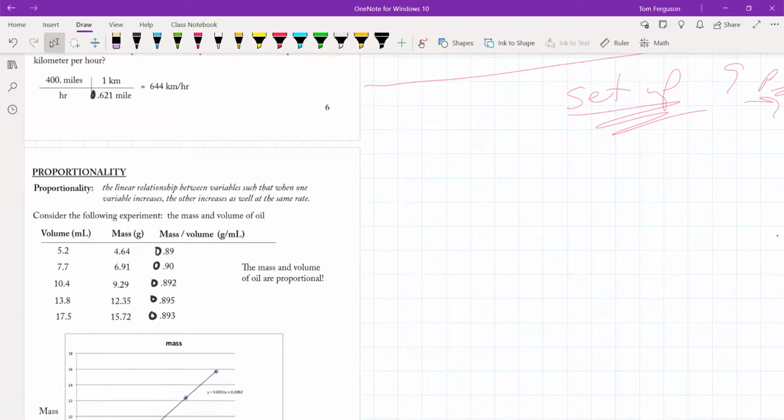Professor? Yes. I know it kind of goes back to the one-step problem, but is it possible from the homework you could go over some of the early unit conversion problems?